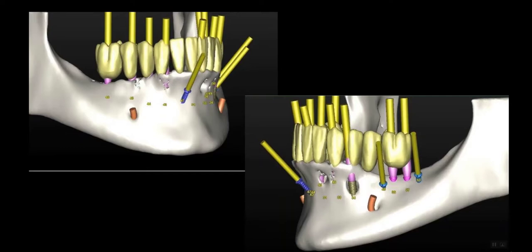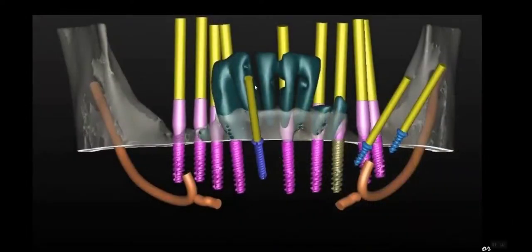But sometimes, for placing the implants in the right prosthetic area, we would need to cut a little bit of bone off to level the ridge. So here you can see the amount of bone which we would need to cut.